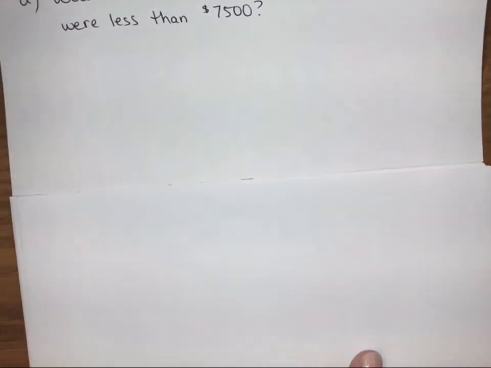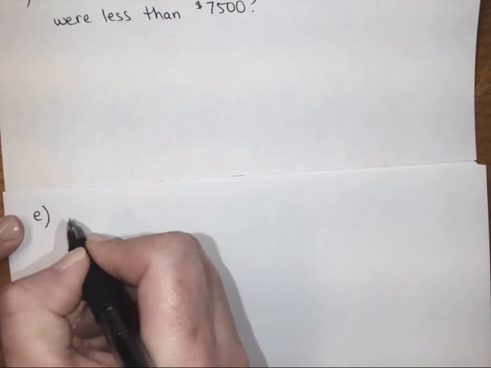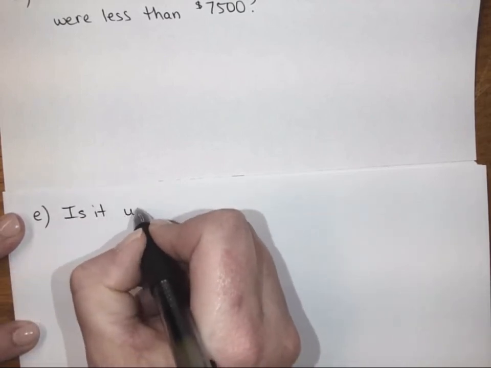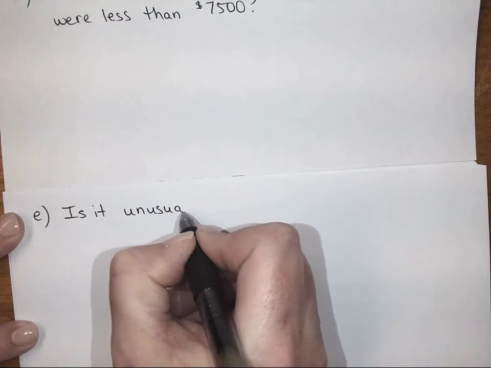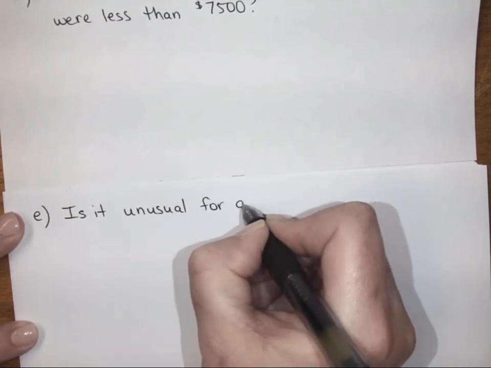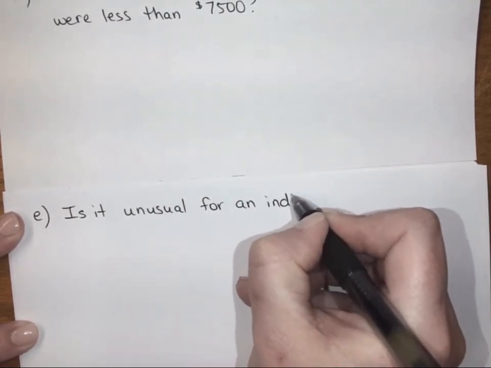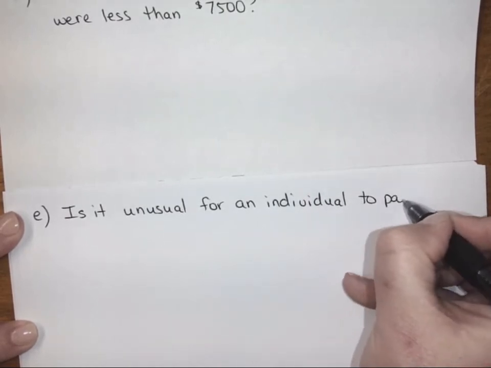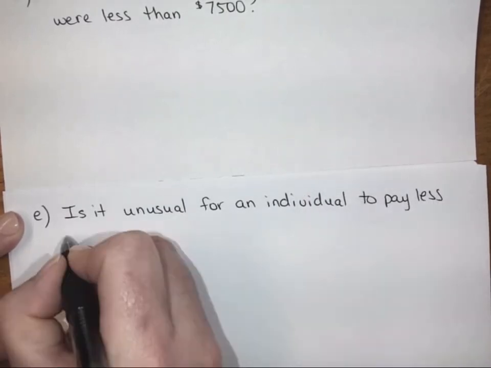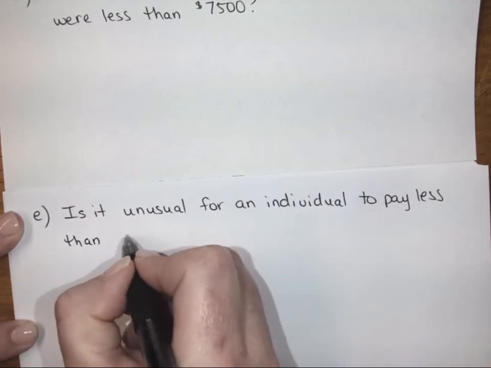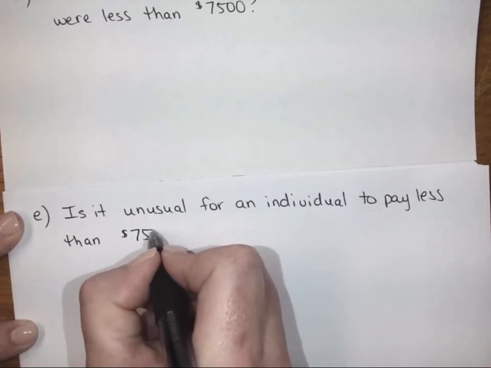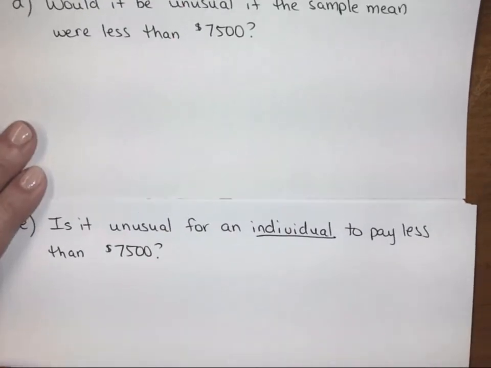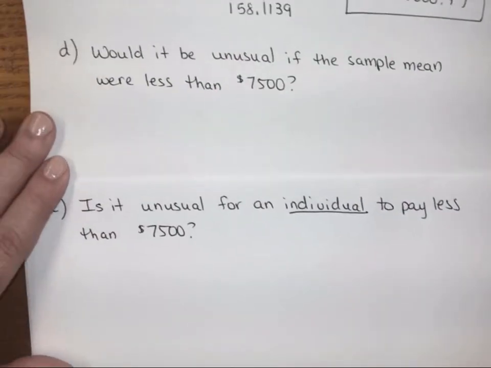So I want you to skip a little space. I want to ask these two questions together and then we'll answer them both. The second question is, is it unusual for an individual to pay less than 7,500? Okay, the key there is that in the second part I'm asking for an individual.